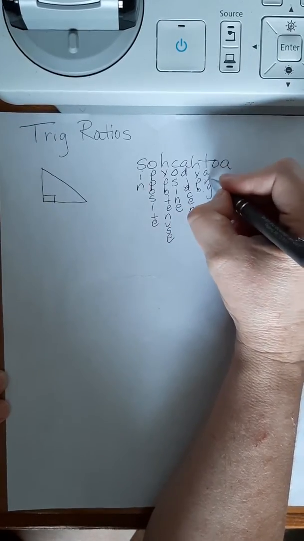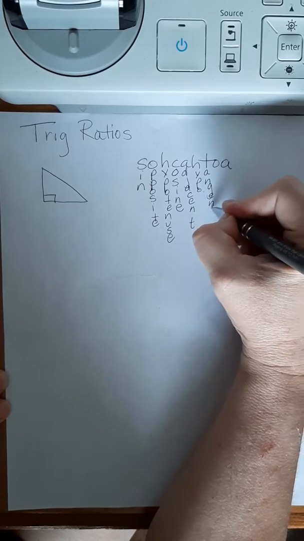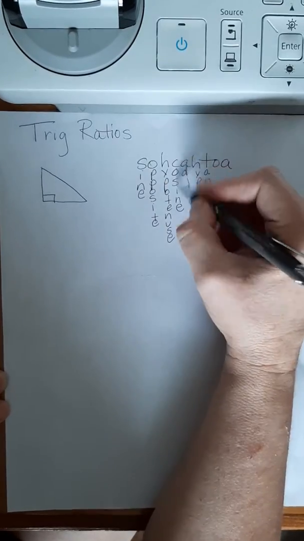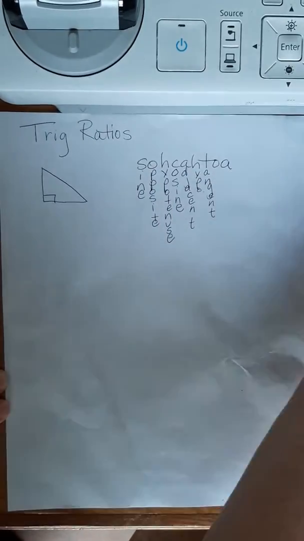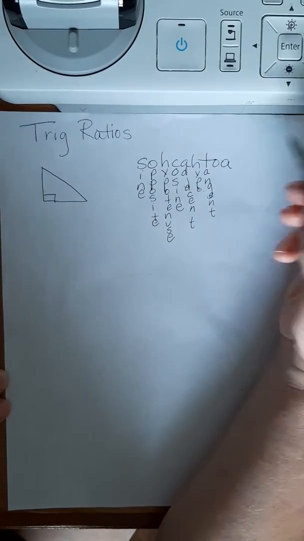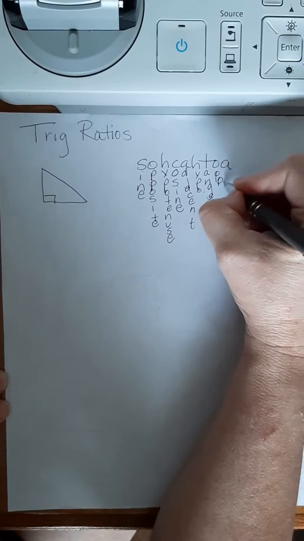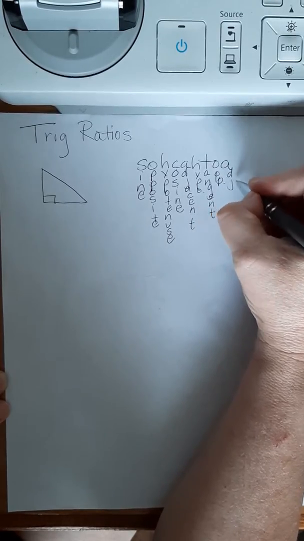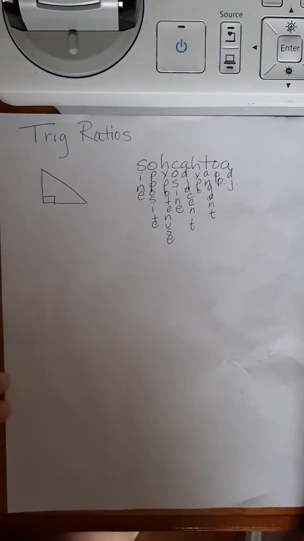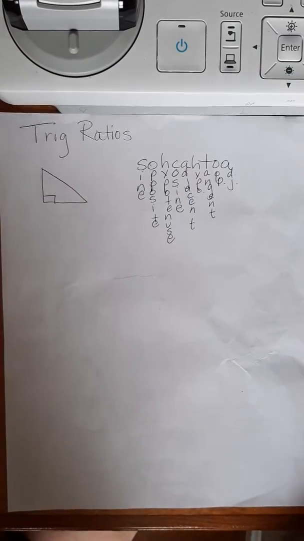And then tangent, actually if I'm going to go ahead and spell it out, I need to put that E on sine. That way people don't think it's sin, but it's sine. Tangent is opposite over adjacent. Now you might be saying, what are you talking about?